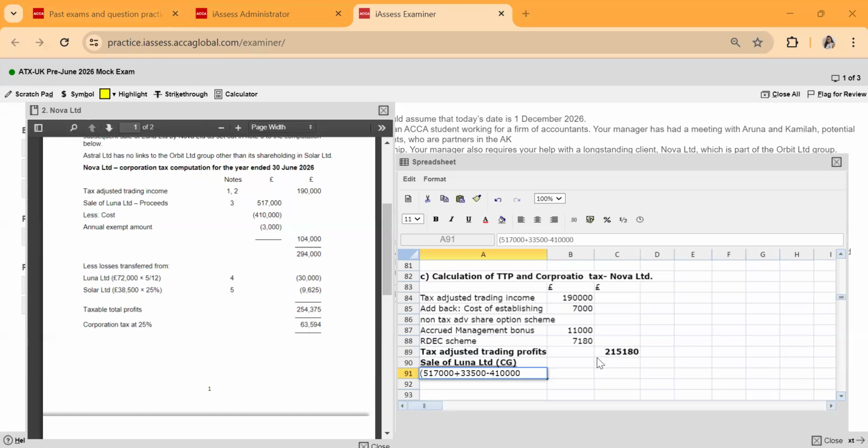Sorry, because of the disturbances. Okay, so now it is 517,000 plus 33,500 degrouping charges.